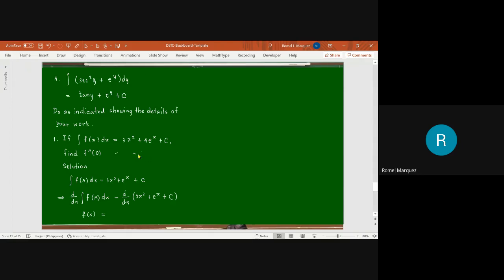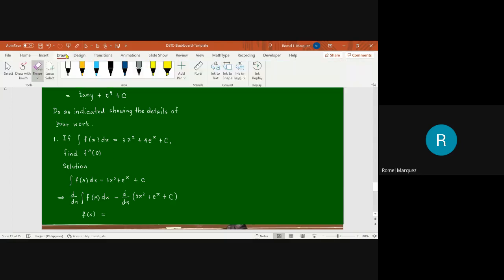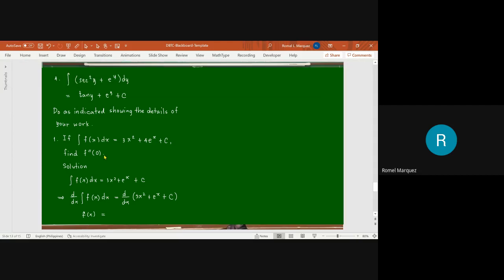Okay? So we know already f of x. But what we are asked, f double prime at 0, no? Or when x is 0. So let's get the first derivative. We know already f of x. That is 6, na? Plus e to the x. What about the second derivative?